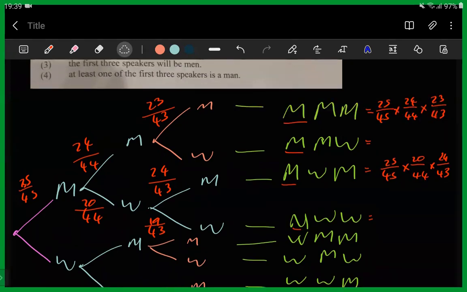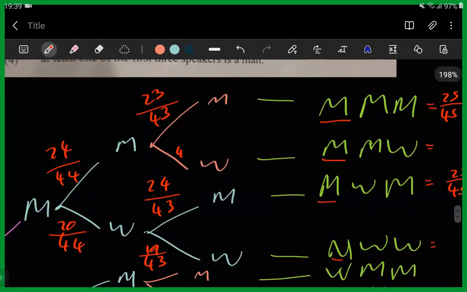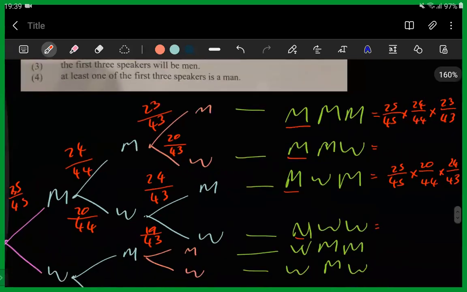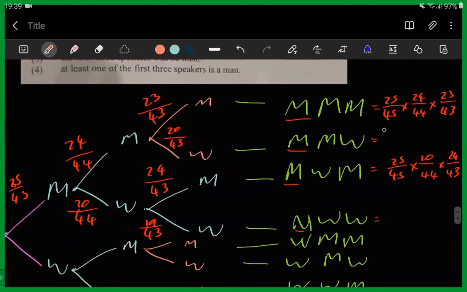But here, there's about 43 people left, but all the women are still there. So let's do that one. It's going to be 25 over 45 times 24 over 44 times 20 over 43.